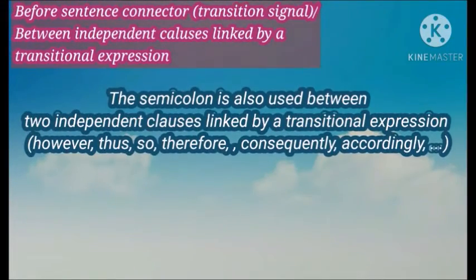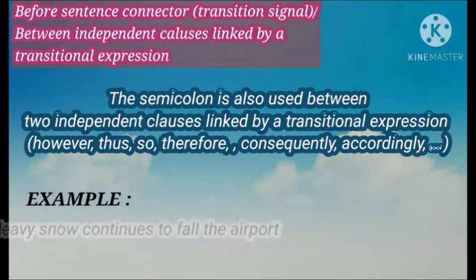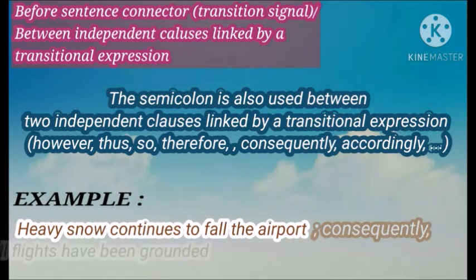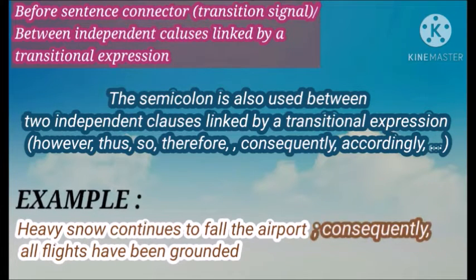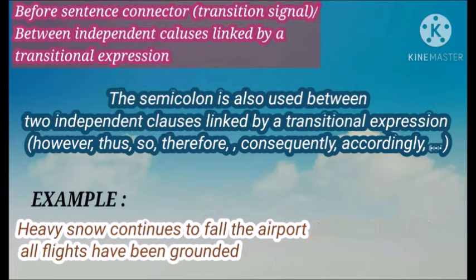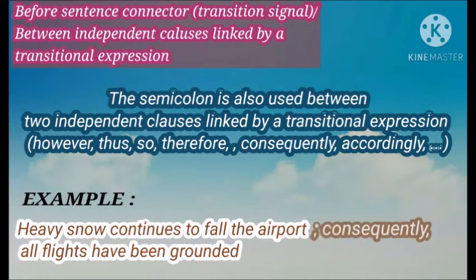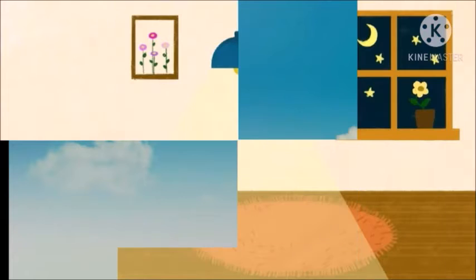The semicolon is also used between two independent clauses linked by a transitional expression, like however, in contrast, therefore, accordingly. Example, heavy snow continues to fall at the airport; consequently, all flights have been grounded.